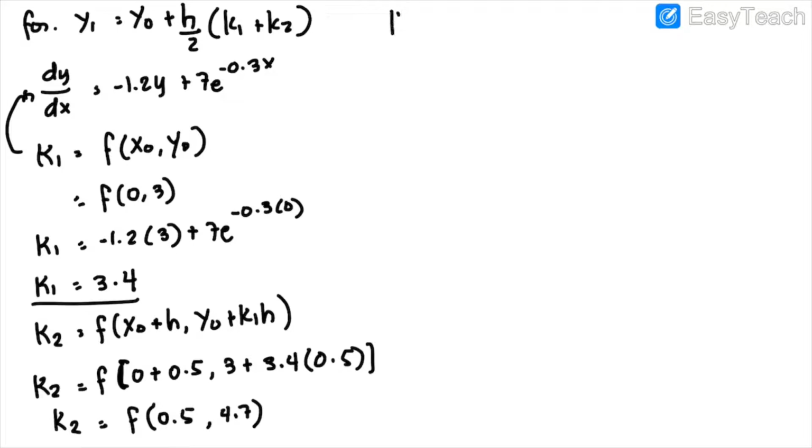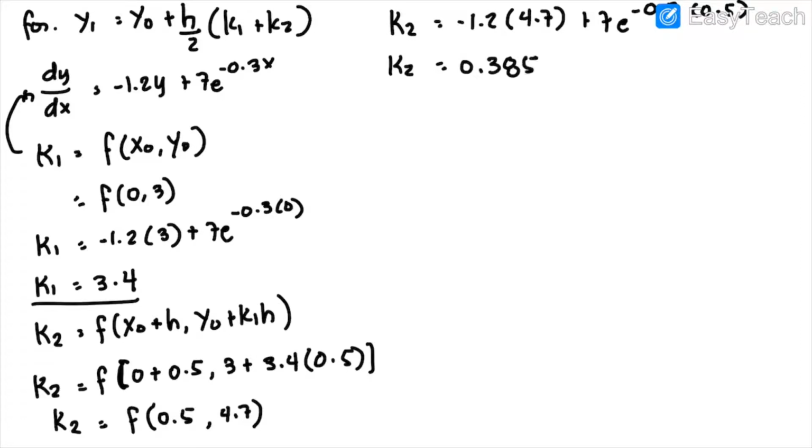Substituting that into our equation, k2 is simply equal to negative 1.2 times 4.7 plus 7e raised to negative 0.3 times 0.5. So k2 now is equal to 0.385.